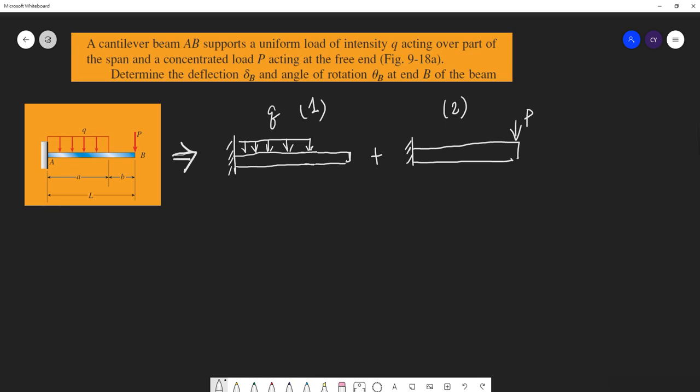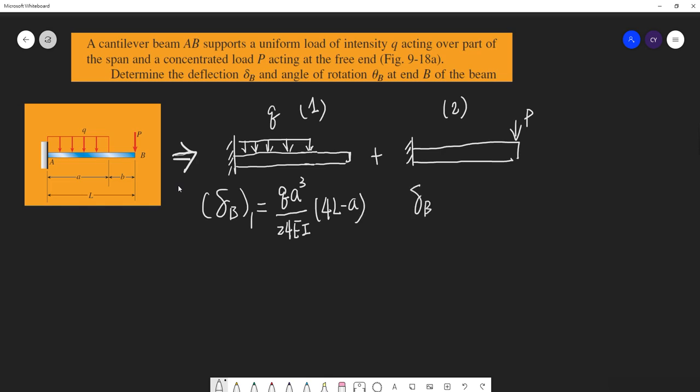When you separate into two different kinds of case, now we start to calculate separately. The first one, we calculate delta B1, because we want to calculate the deflection of B. Delta B1 is equal to QA^3 over 24EI times (4L minus A).